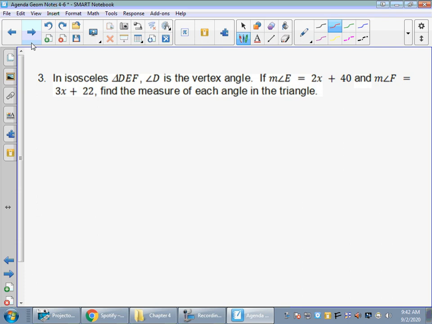So let's just start by drawing a picture. And I'm going to put D up here as the vertex angle. And that means that E and F can be down here. And if D is the vertex angle, then that means that these 2 legs would have to be congruent, because they would be the legs, which then also means that these 2 angles opposite those legs would have to be congruent.